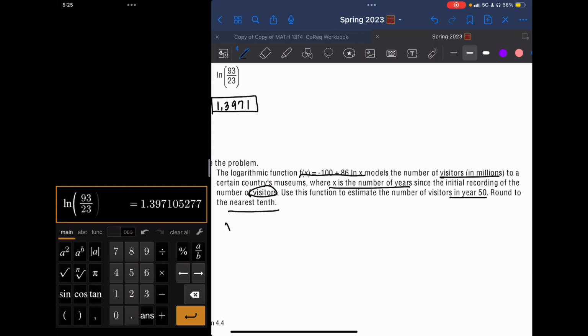So x equals 50. F of x equals the visitors. So the f of x to figure out the visitors is going to be negative 100 plus 86 ln of x.